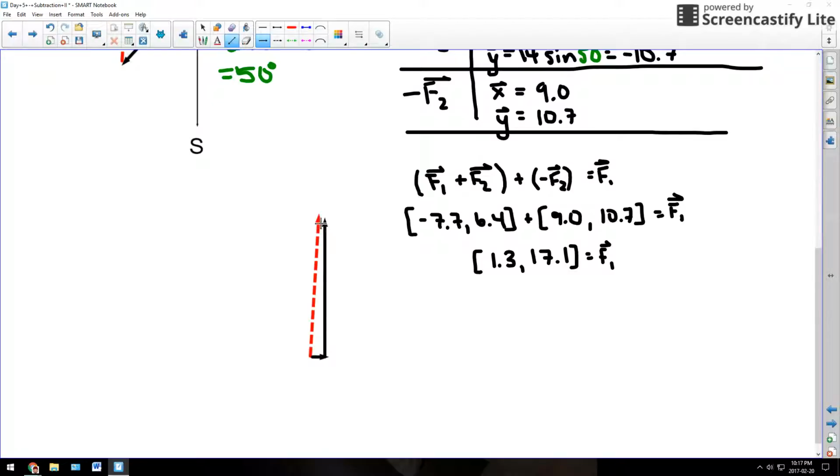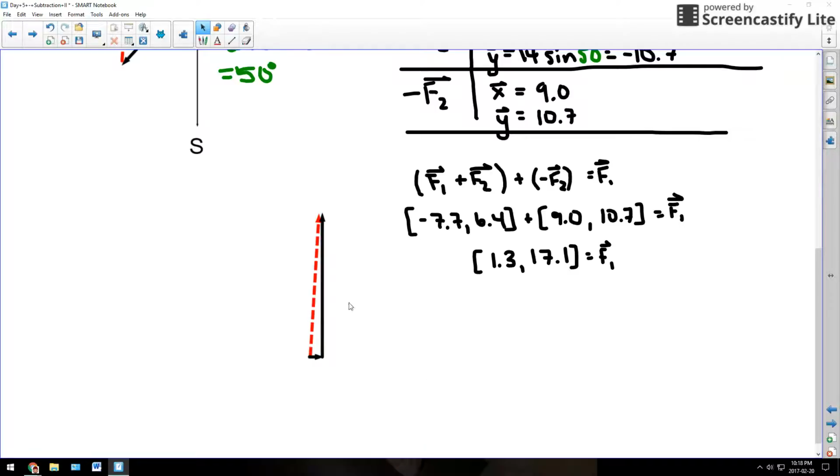So if I represent this here, our 1.3 horizontal component is going to be this little piece horizontally combined with a nearly vertical 17.1 vertical piece. Something like that for the diagram. We're trying to be as close to scale as we can be.